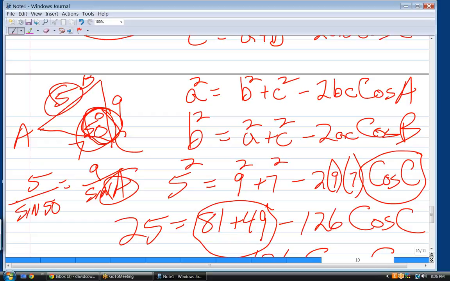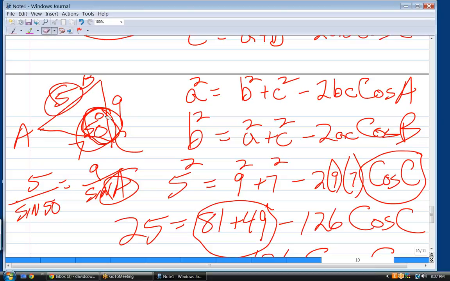I just know that they're going to total 180 degrees. So I add the two angles together and subtract from 180 to get the third one. That's typically the way you do it when you have to use the law of cosines. You solve for one angle, then use the law of sines for a second angle, and then use the fact that all three angles add to 180 to get the third angle.